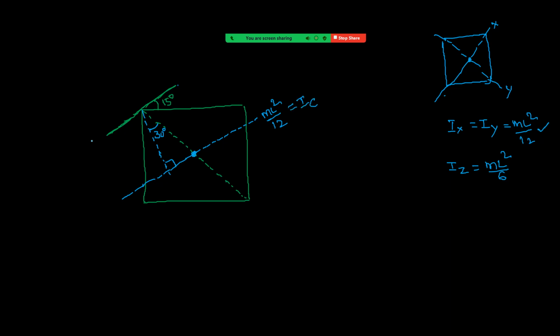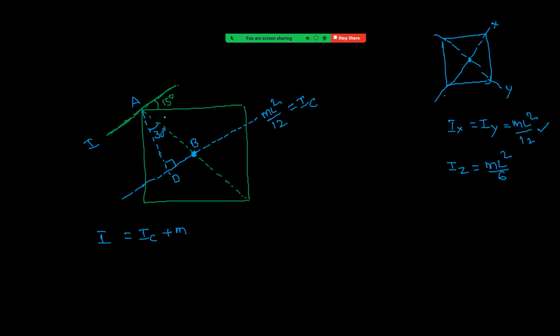Okay. So now we can take, if this is I, we can write I equal to Ic plus M x square. Distance how much? Let me take this as A, this is B and this is now D. So we want to take now the distance, that is AD.